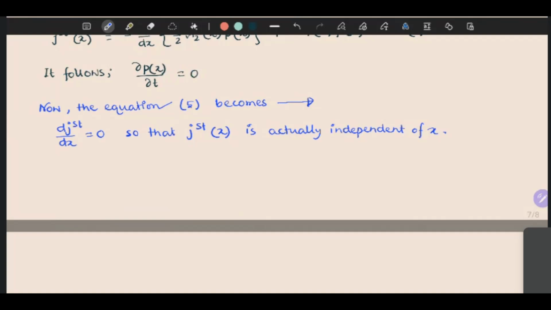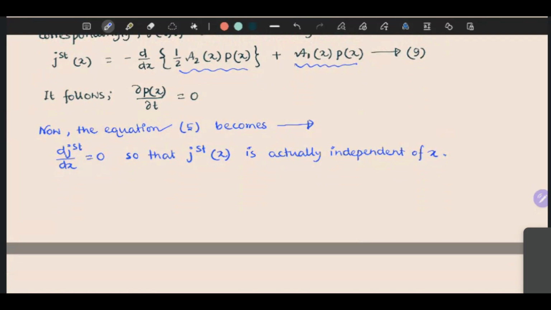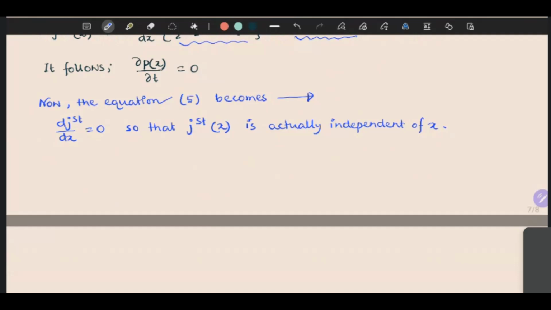So now if that is the case, then this term is constant, right? Then it follows J_ST becomes constant.